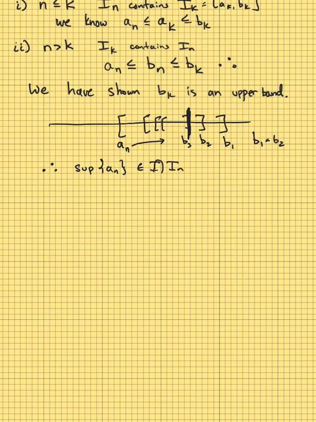And notice that this proof basically would work for the rationals, except for the fact that the sup might not be a rational. You might have the sup be square root of 2, and then you have to leave the rationals and go to the real numbers. Okay? So that's the proof, though.